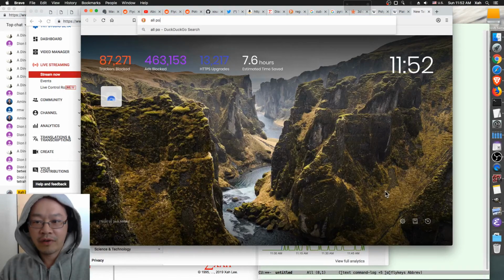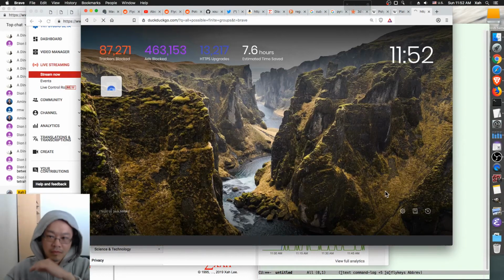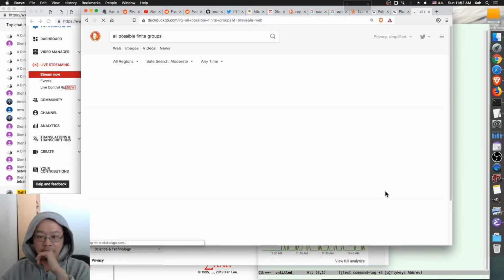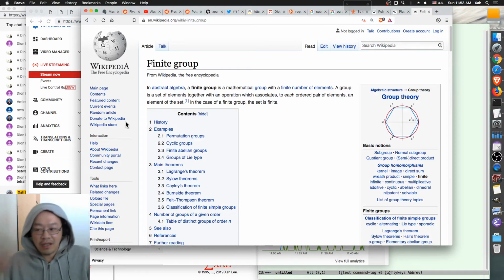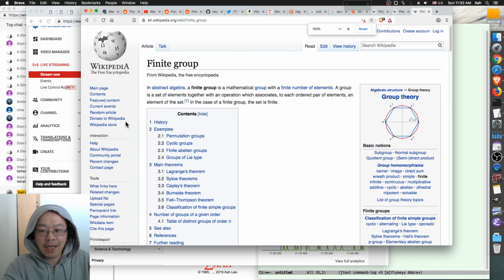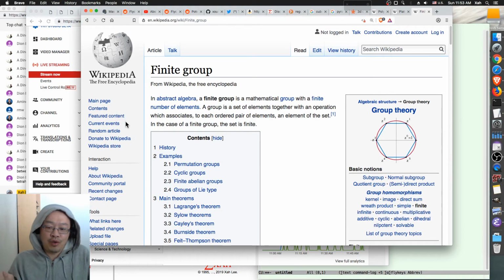Let's just search for all possible finite groups. Okay, finite group. This is another chapter in mathematics. I mean, by chapter I mean it's a huge milestone. Yeah, mathematicians have classified all possible finite groups.